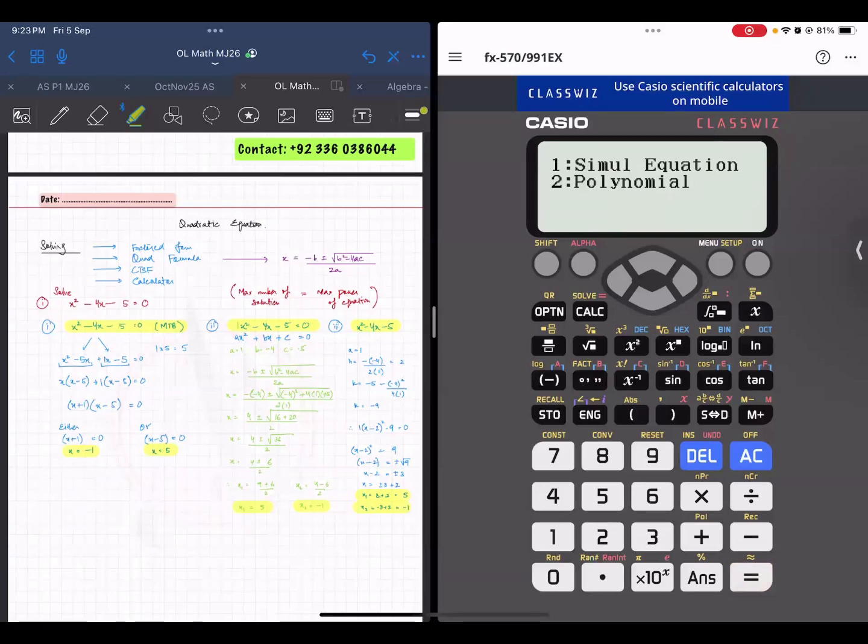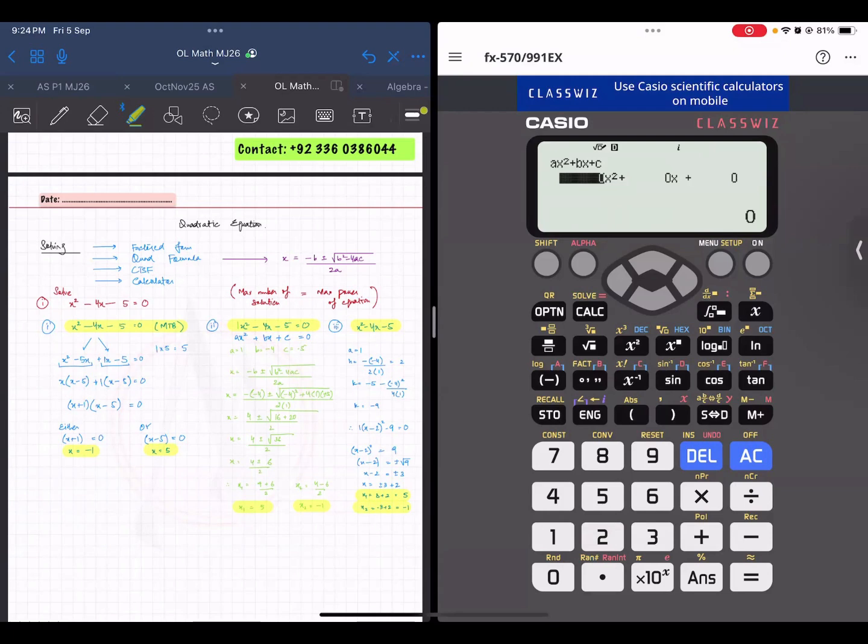We will learn how to solve simultaneous equation calculator as well. But right now polynomial 2. Degree. Degree is the maximum power. Maximum power is called the degree. Right now we have x square, so maximum power is 2. Degree is 2. So you can see this is coming out like this. Ax square plus bx plus c.